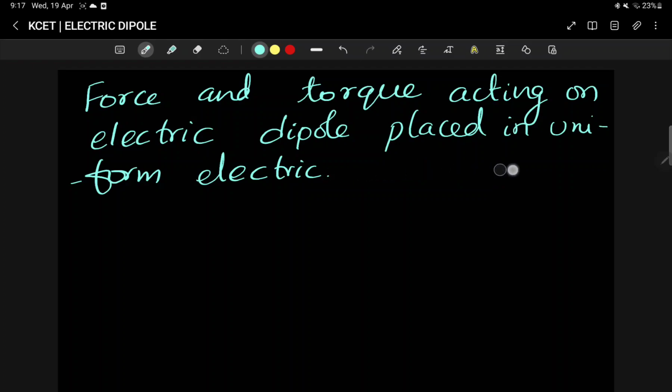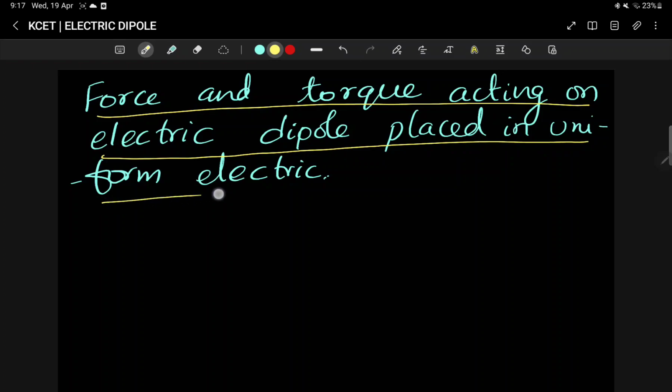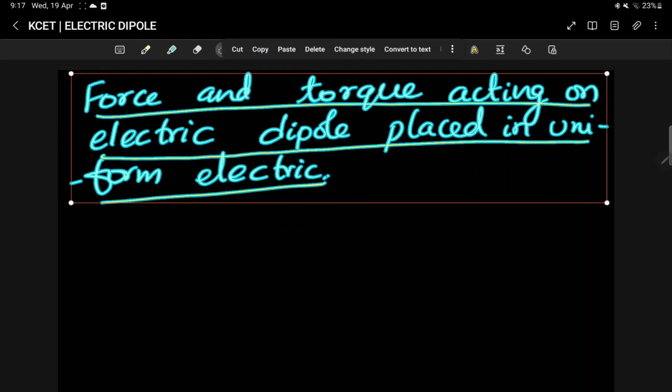Let us not discuss about magnetic field here, because that we can discuss in moving charges and magnetism. Now, force and torque acting on electric dipole placed in uniform electric field is a very important concept for board examination as well as competitive examinations. Okay, now let me explain this in detail.